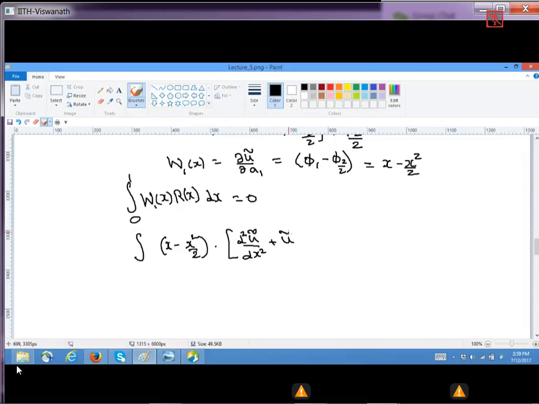So that means I will take the integral from 0 to 1 of x minus x square by 2, and I can write this one as 2a2 plus a1. Sorry, we should have done it the other way around. If this is u tilde, this is u tilde.